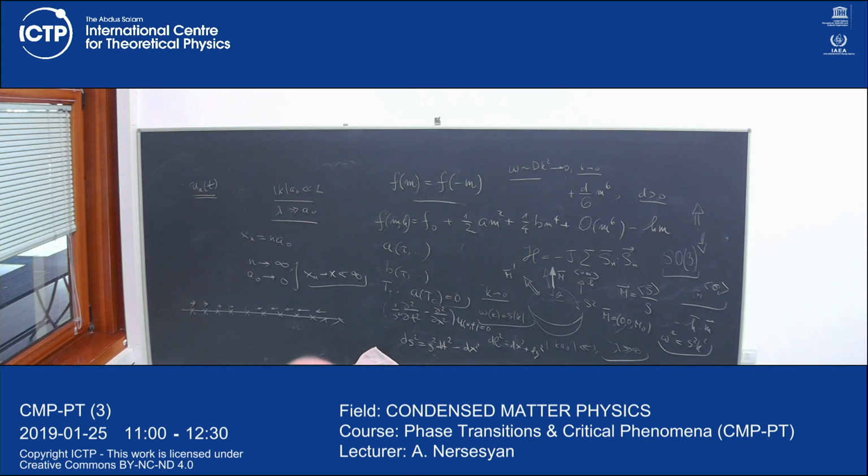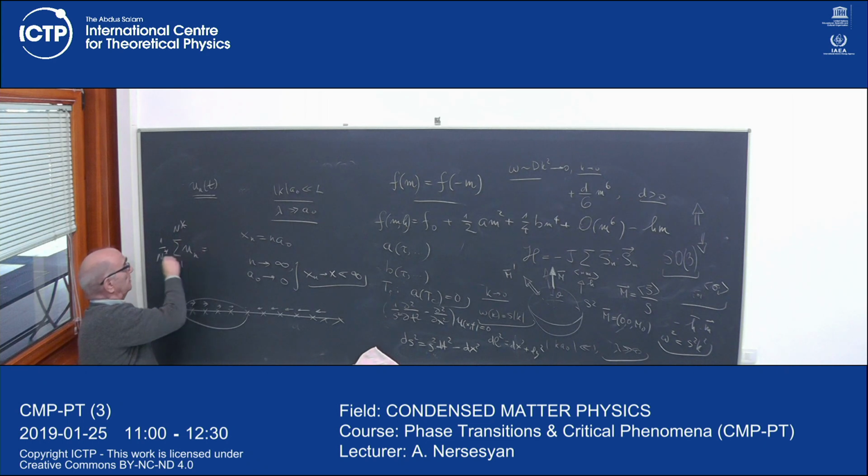In other words, instead of looking at some point, I can average my displacement over some n star sites, with 1 over n star, and call it u of x.